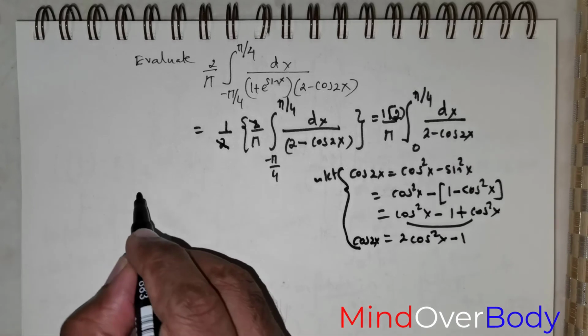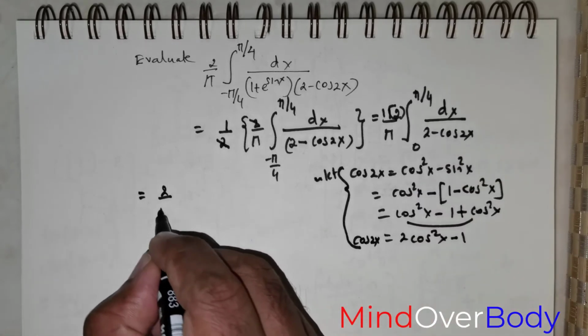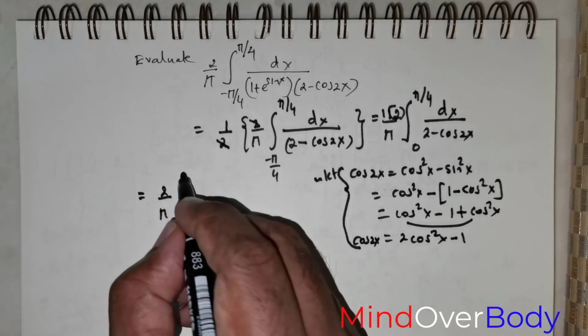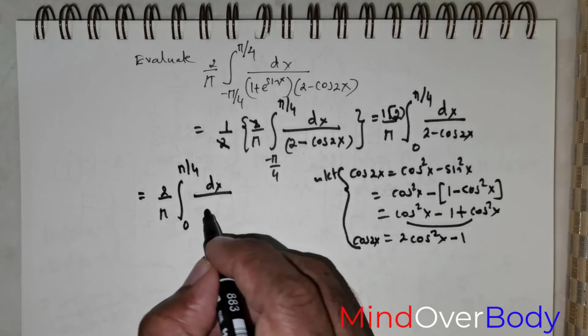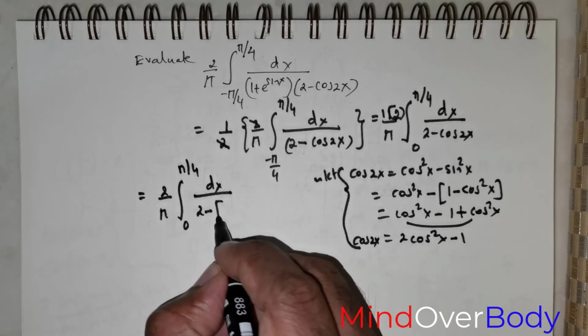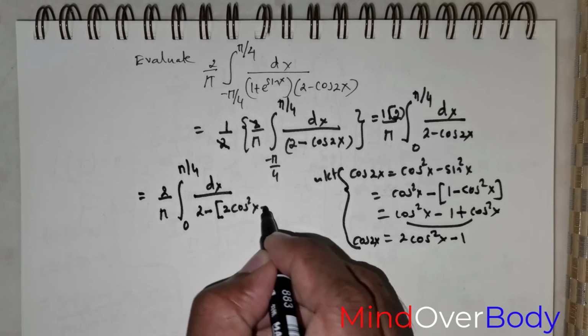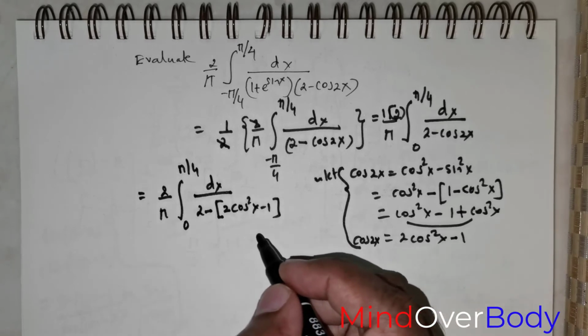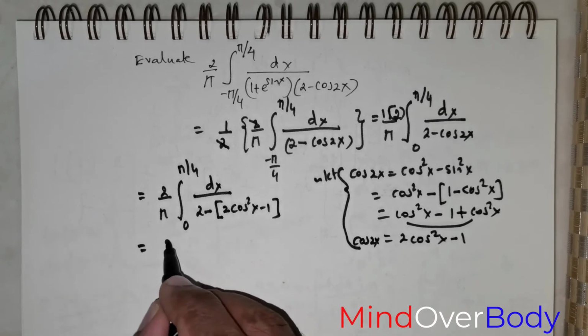So hence I can rewrite this integral as 2 over pi integral 0 to pi over 4 dx over 2 minus 2 times cos squared x minus 1. Now let me first simplify the denominator.